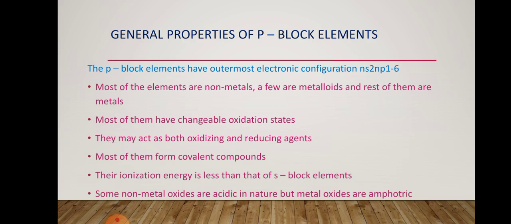These elements react with oxygen, water, and halogen atoms. Among the p block elements, group 13, that means group 3A, group 14, that means group 4A, halogens and inert gases are notable. Now, I would like to discuss some properties of halogens.